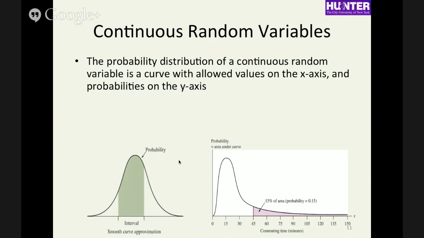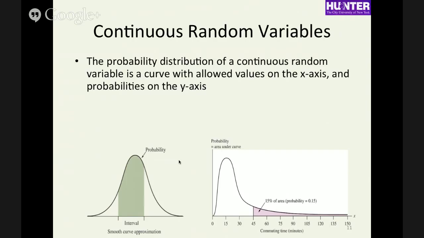So we can't actually say what the probability of getting one particular value was. Remember, with the blood types, we could say your probability of being type A is this, and that's because it was categorical. With a continuous variable, you can't say that because the probability of getting any one exact value is 0, because there are an infinite number of values you could have.